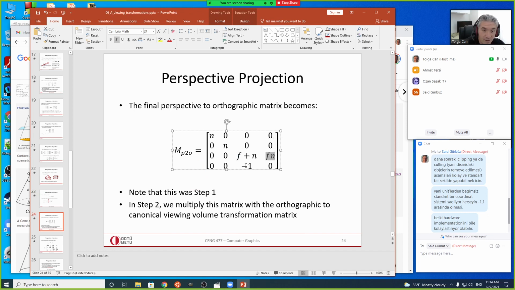You may try this out, for example. What will happen if your coordinate is -n? You're going to multiply it with this, add f times n to that and divide it with your -n z coordinate, and you will end up with -n at the end.